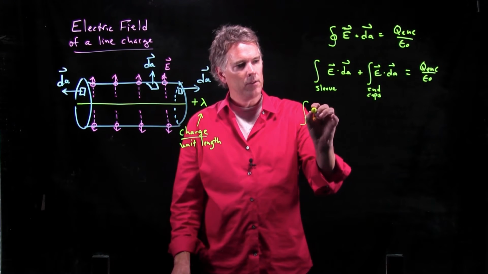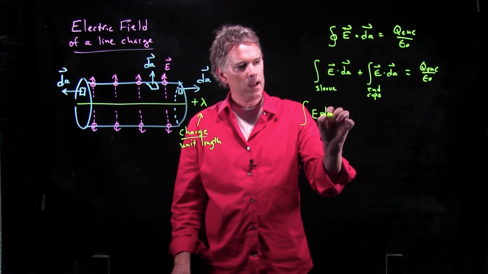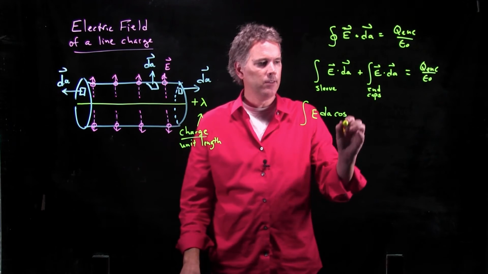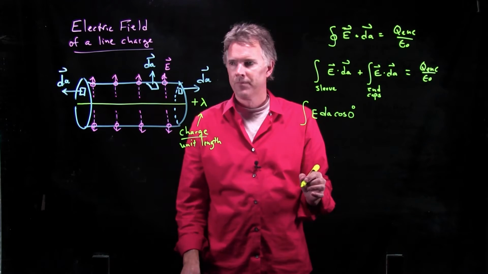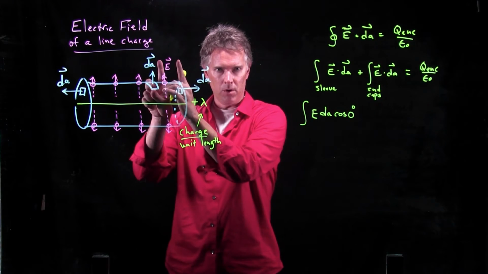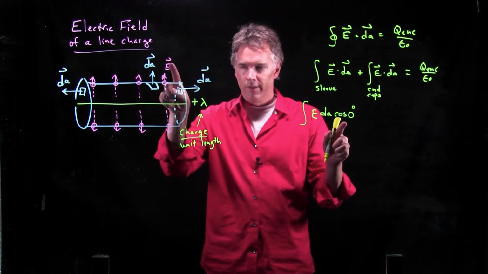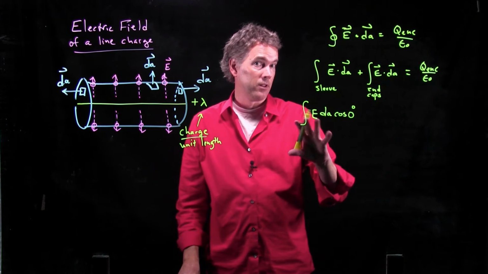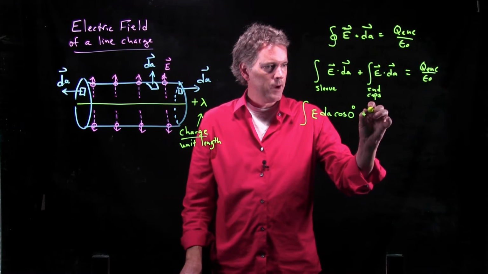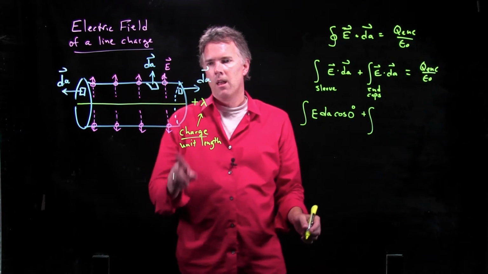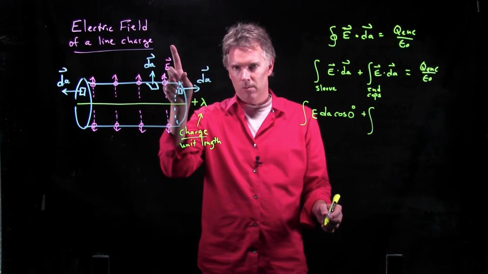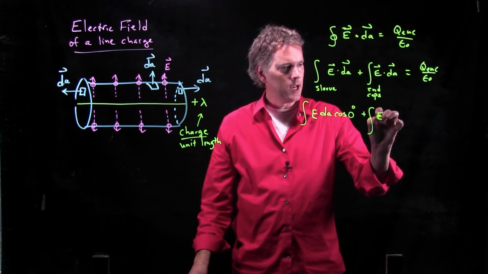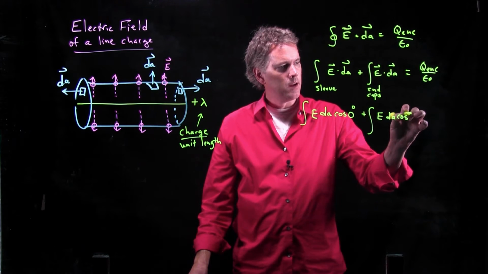Well, it is E dA cosine of the angle between E and dA at the sleeve, which is 0 degrees. They are parallel, so those two little vectors are in the same direction, therefore phi is 0 degrees, and so that's going to cancel out real nicely. What about this part right here? E is radially outward, but dA is in this direction along the line of the charge, and so we're going to get cosine of 90 degrees.